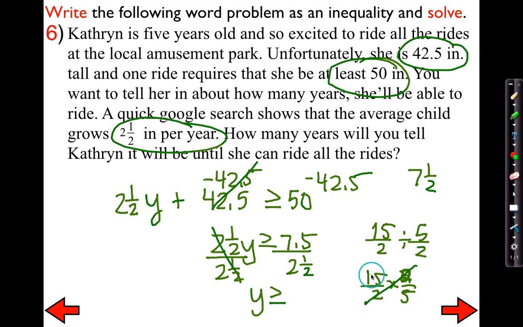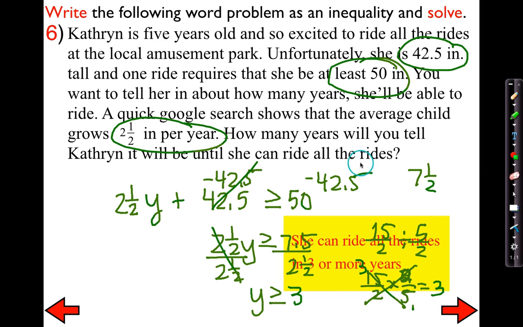I can cross-reduce here as well, leaving me with 3. So according to the Google search, it's going to take her at least 3 years, which means 3 years or more, and Catherine will be able to ride on all the rides that she wants.